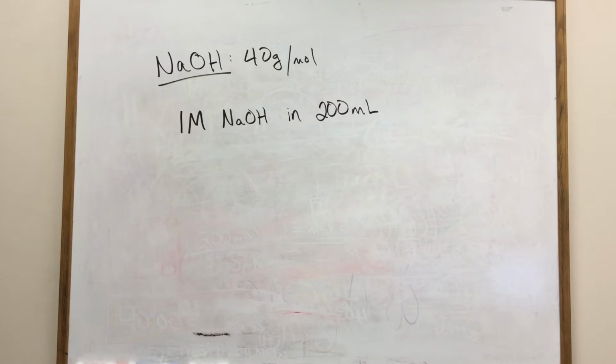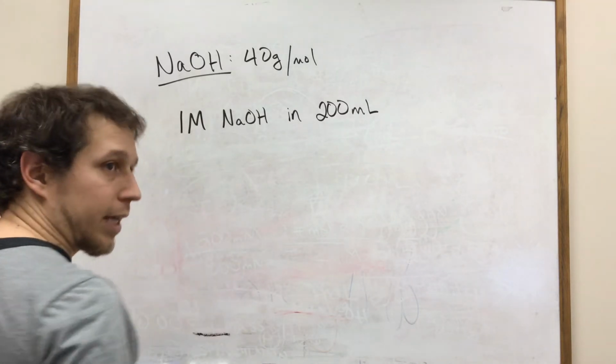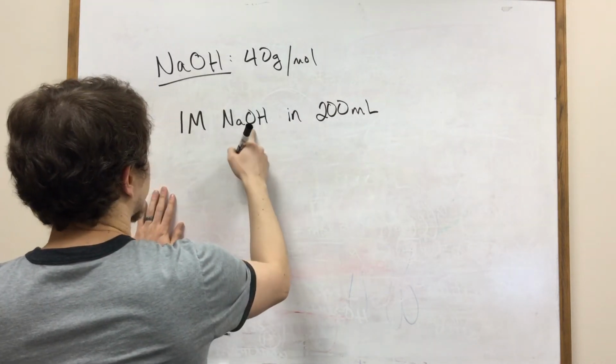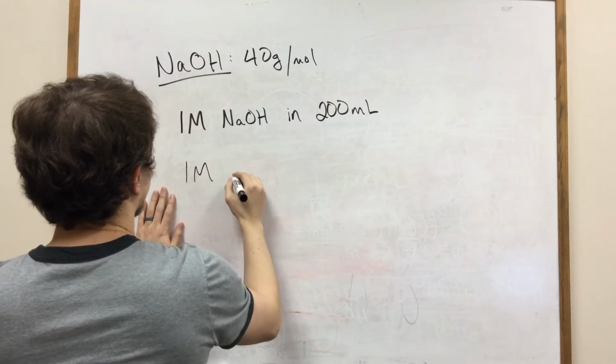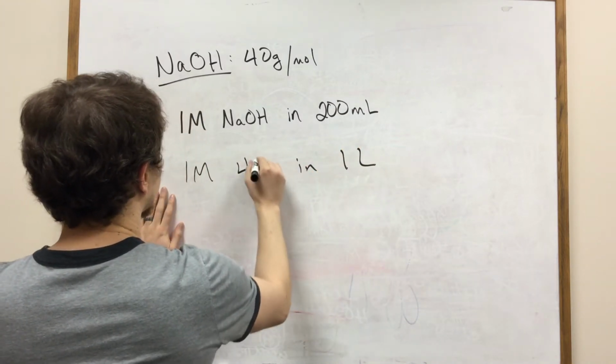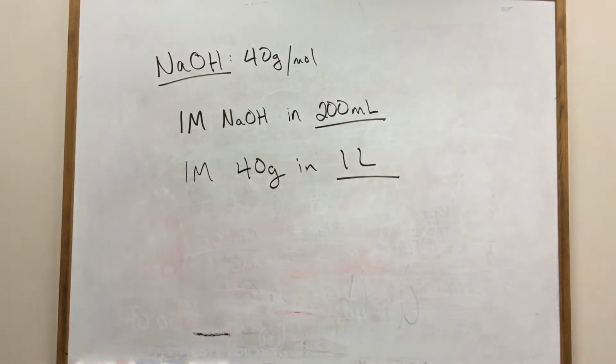So a similar deal here, okay? Essentially, I want to keep it as 1 molar. So that means that originally, when I had 1 molar sodium hydroxide in 1 liter, it was 40 grams. Well, now this is where I'm seeing my discrepancy.